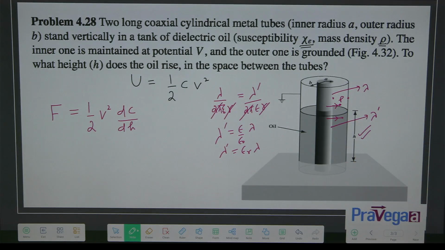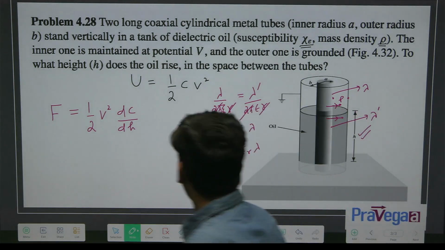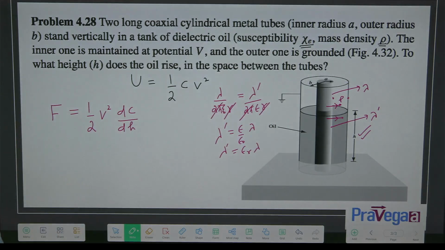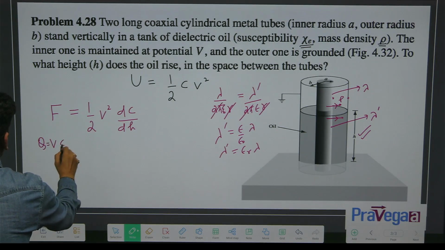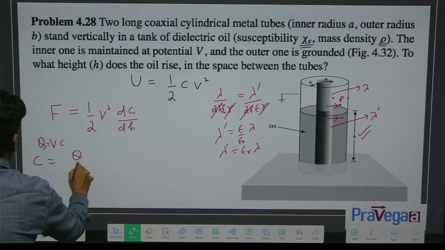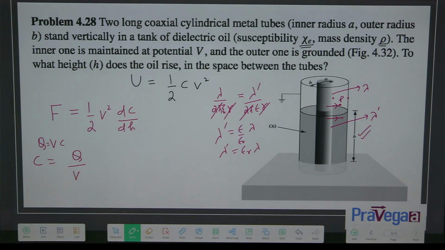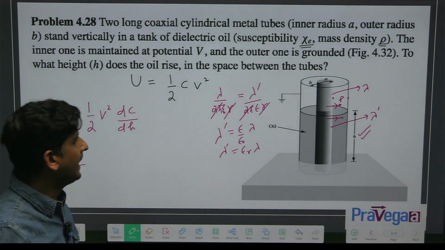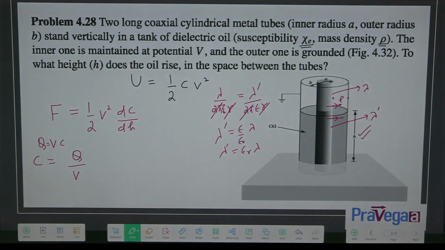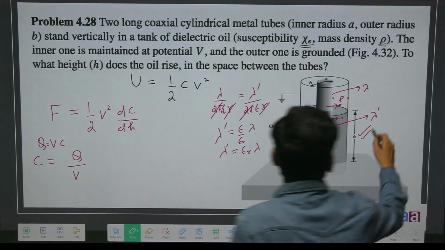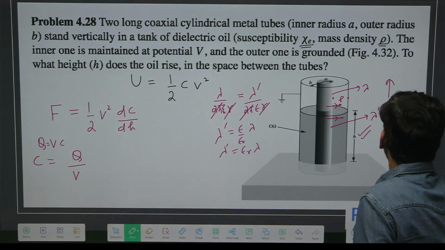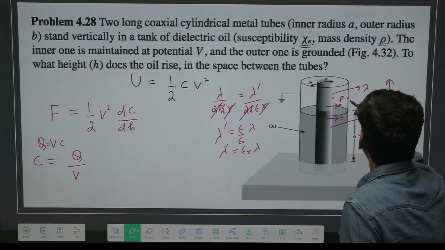Okay, so now I want to write the capacitance, and you know Q is equal to CV. So for capacitance, I need charge by voltage. That's why I have written lambda dash and lambda. Now if I take this total length as L, which is constant, what will be this length?